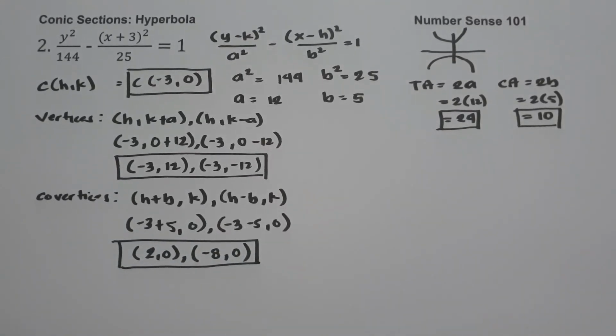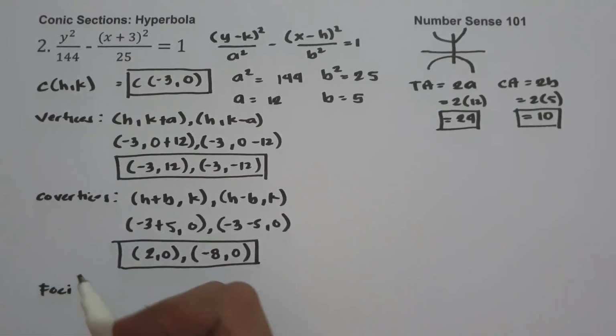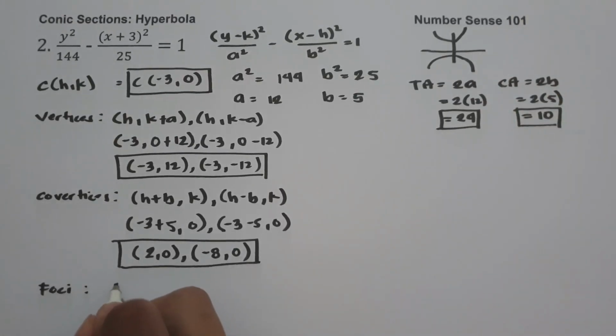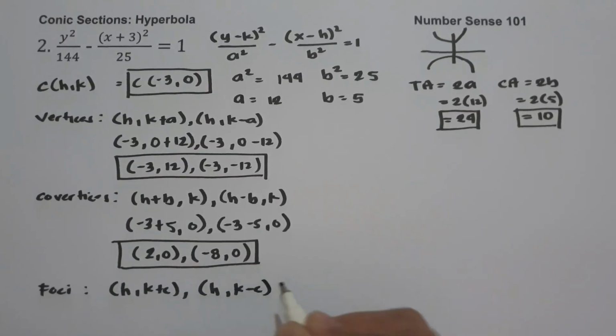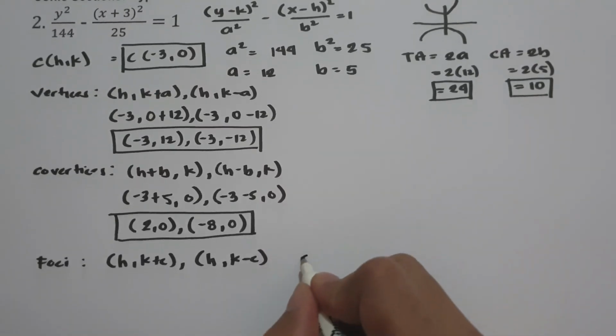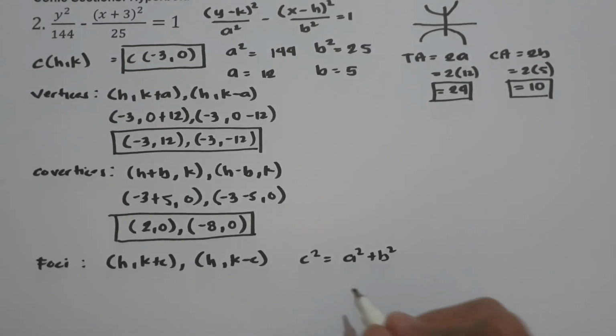And to determine the coordinates of our foci, since the orientation of our hyperbola is vertically oriented, we are going to have h and k plus c, and then h and k minus c. To find the value of c, let us use the formula c squared equals a squared plus b squared.